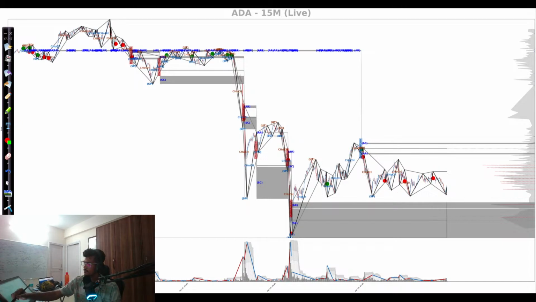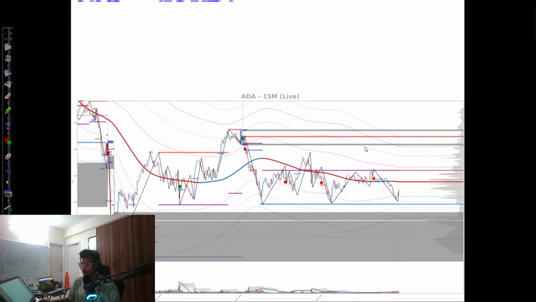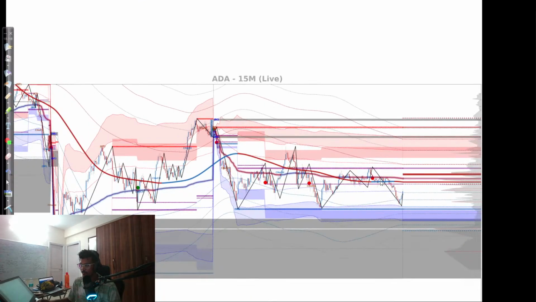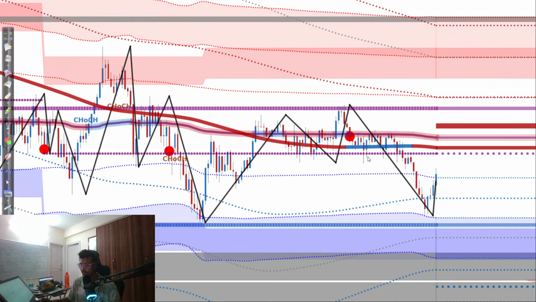Anyway, let's see the zoomed out version of it. Here we got the short trade for ADA, and there as well. I think this was a really good move, and there was a reason to take short there.